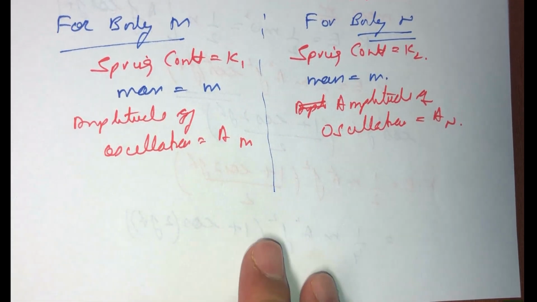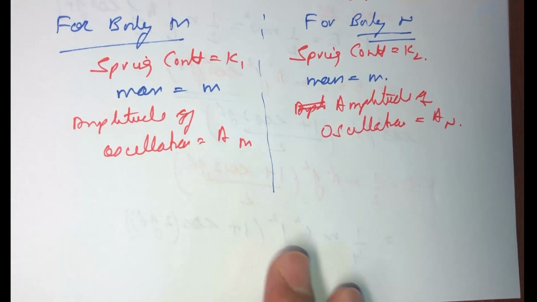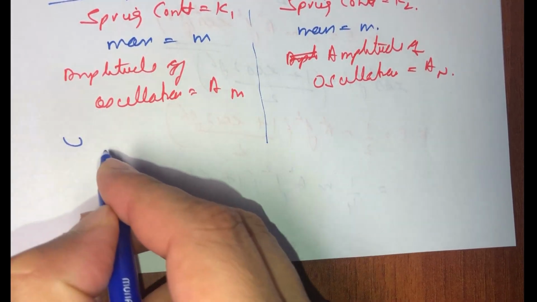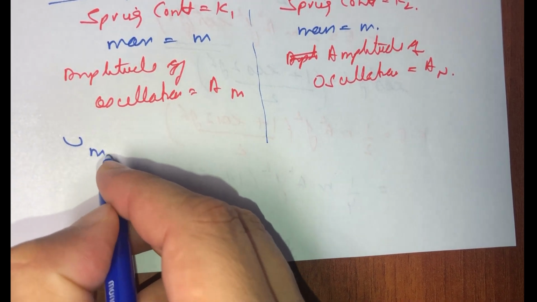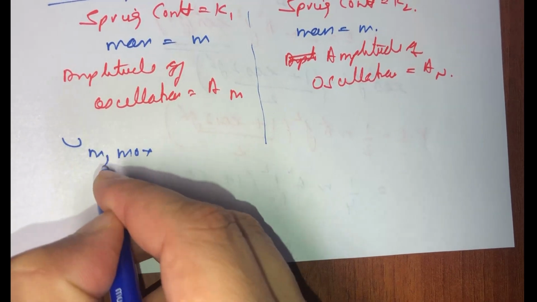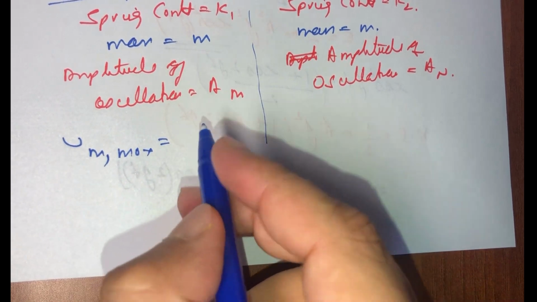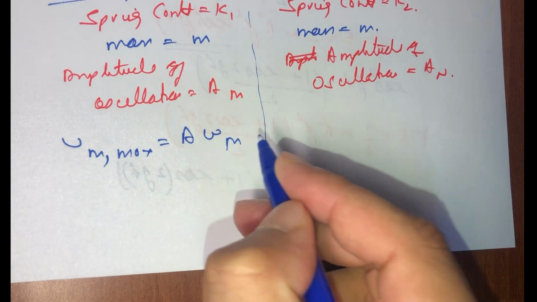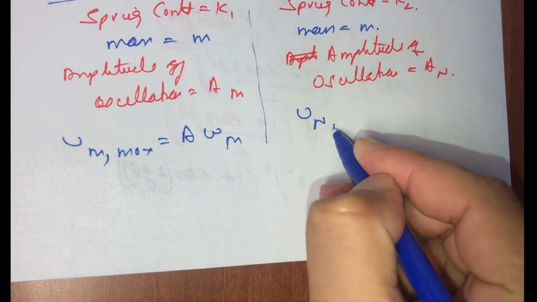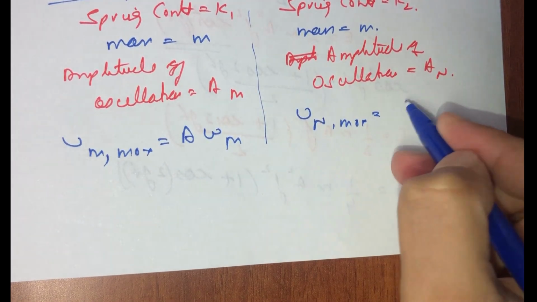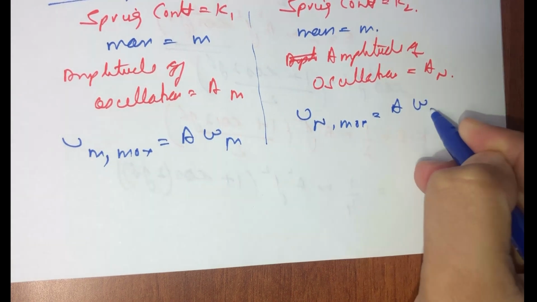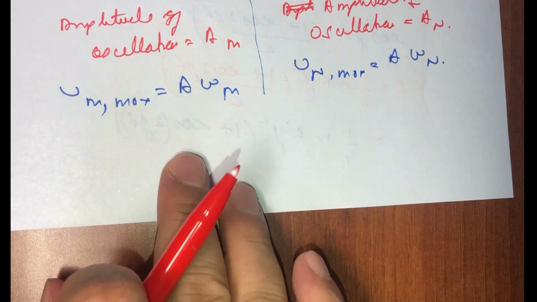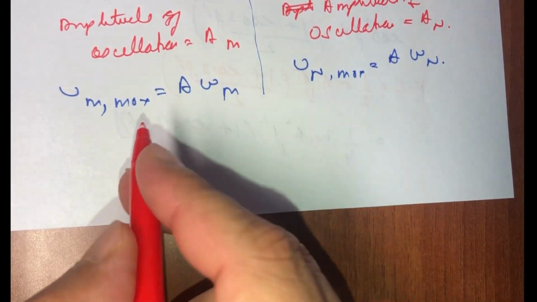Therefore, we can say that our maximum velocity V max for M will be given as A omega for M, and Vn max will be given as A omega N. We substitute the value of angular frequency.